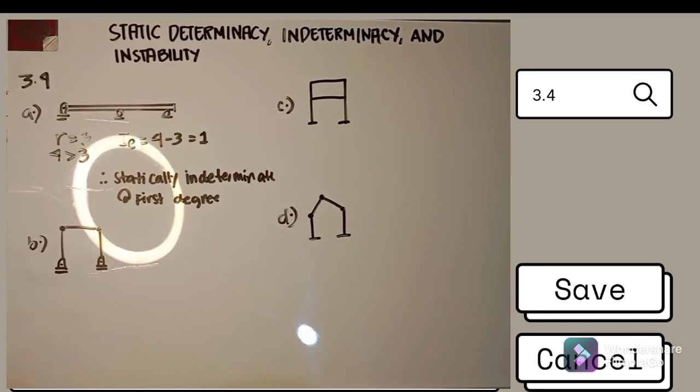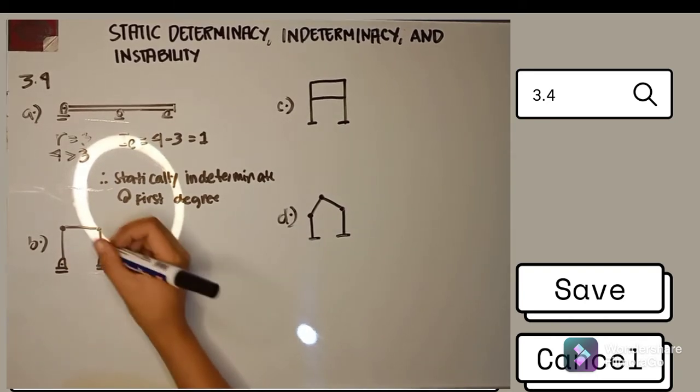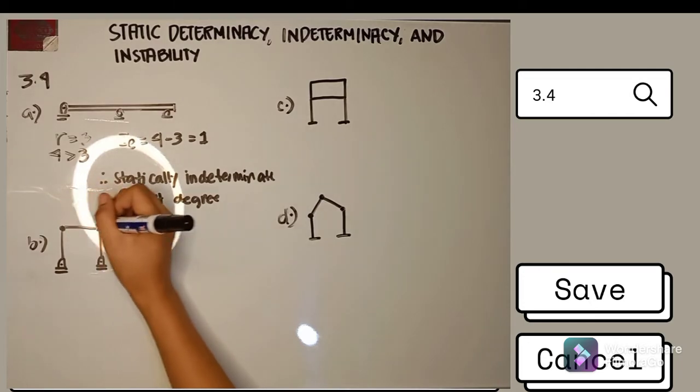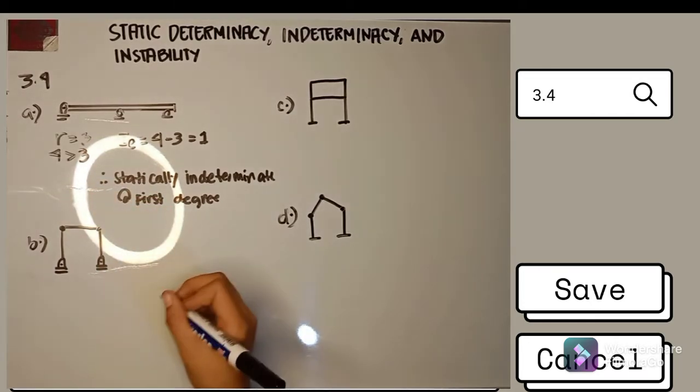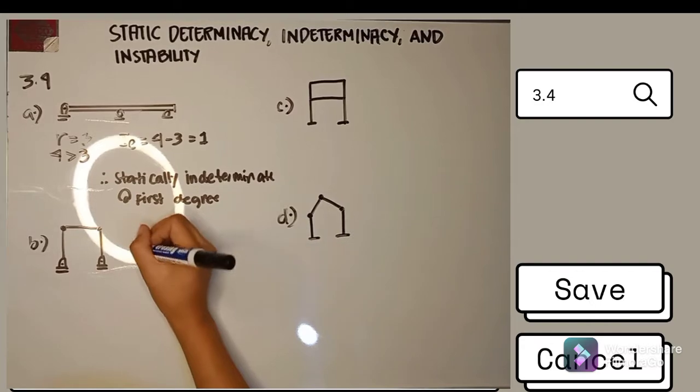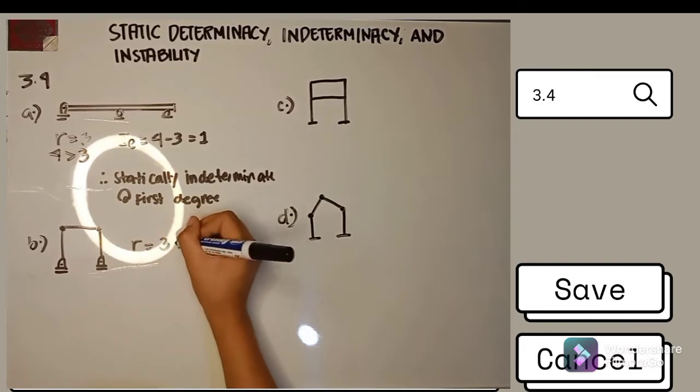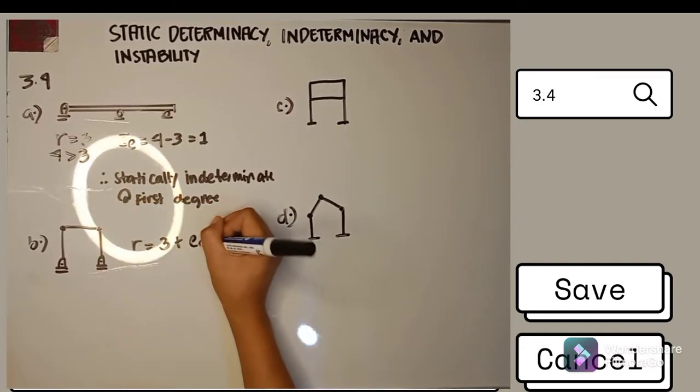Okay, next, you have here a frame that is supported by two hinges with two internal pins inside. So, R is equals to 3 plus the internal hinge EC.